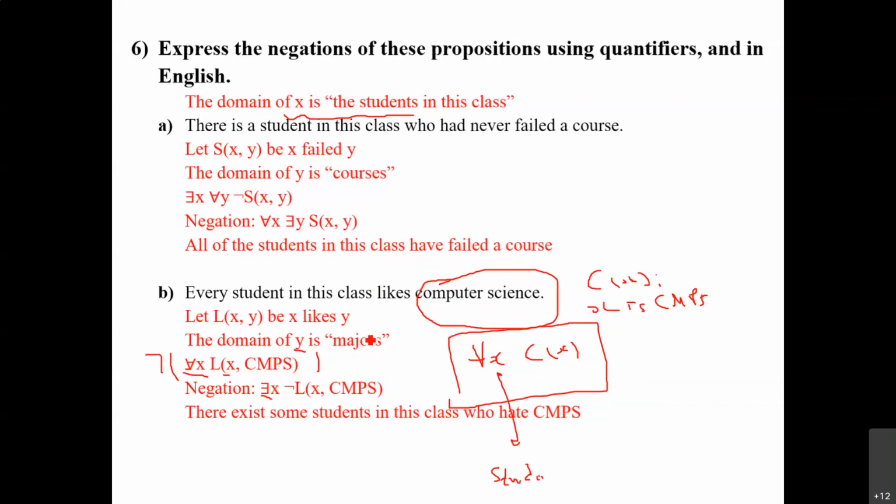So step one, we needed the predicate to be two variables, x likes y. Just to say that all the students will like y, and y is some major. So this CMPS is not a variable, it's just a constant, an instance, just computer science. Yes. Okay, thank you.